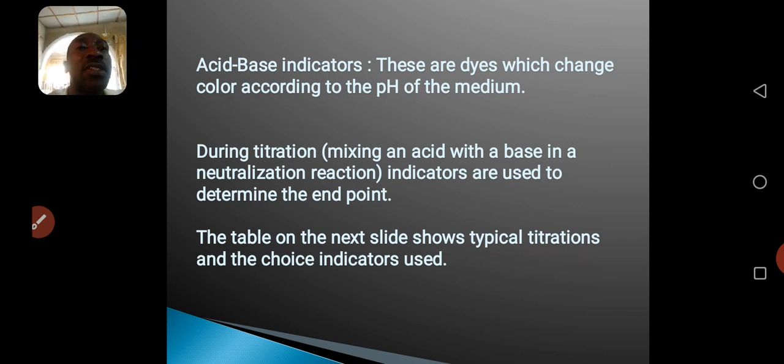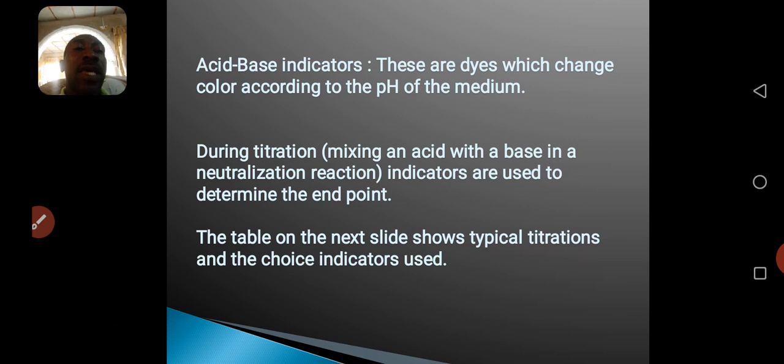So during titration, titrating an acid with a base, in a neutralization reaction, we use indicators to determine the endpoint. What do we mean by the endpoint? The endpoint is the exact point where the acid is completely neutralized by the base.